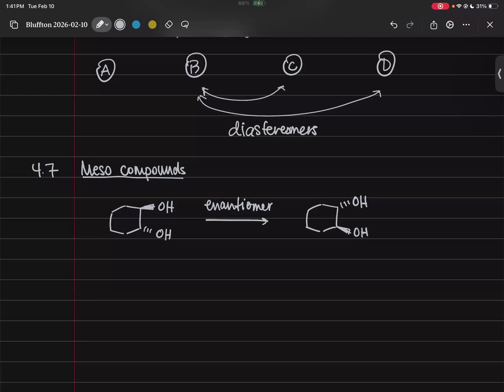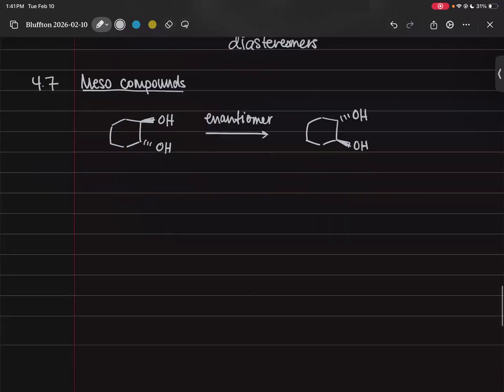But Dr. Eubanks, you say, are those different compounds? Couldn't we just take this, flip it upside down, and get that same molecule? Let's try it.